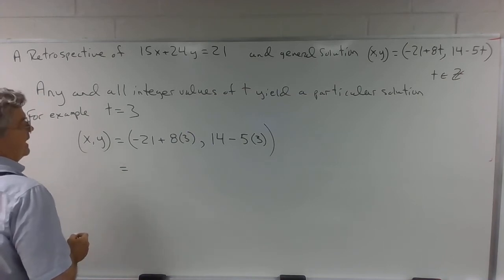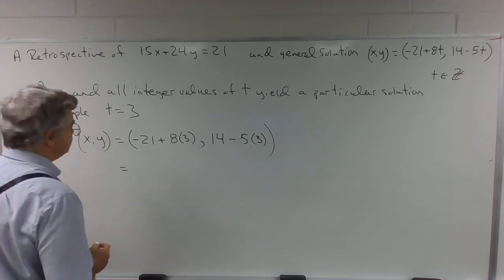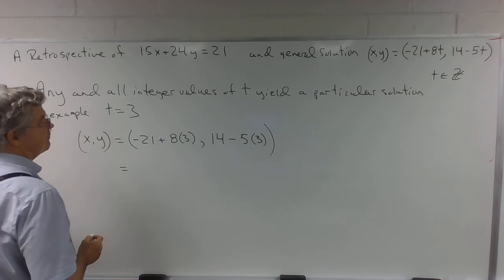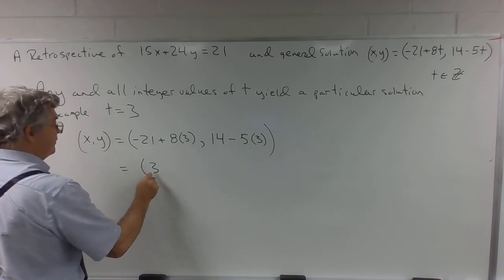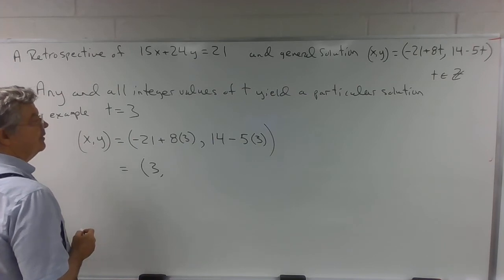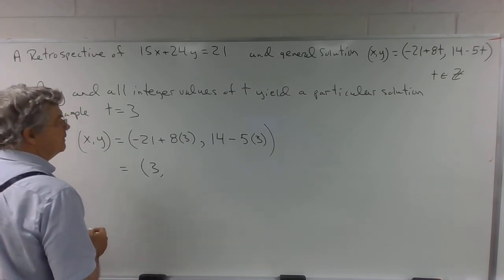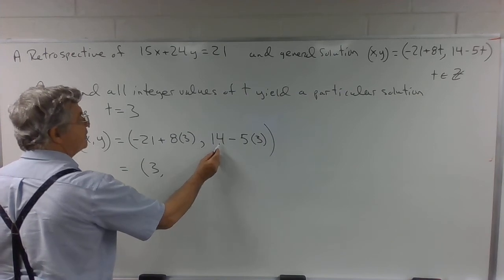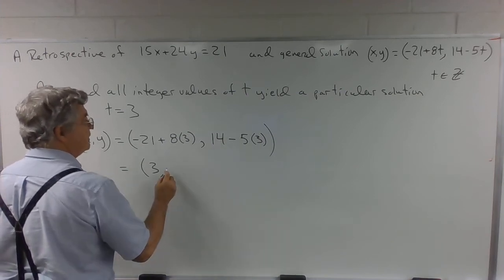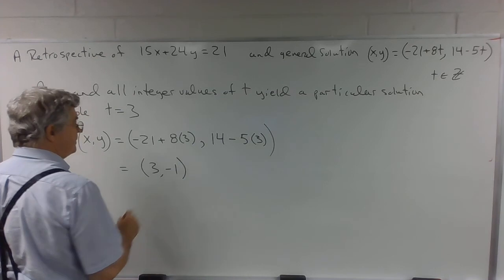What is that? Negative 21 plus 24 is 3. And 14 minus 15 is negative 1.